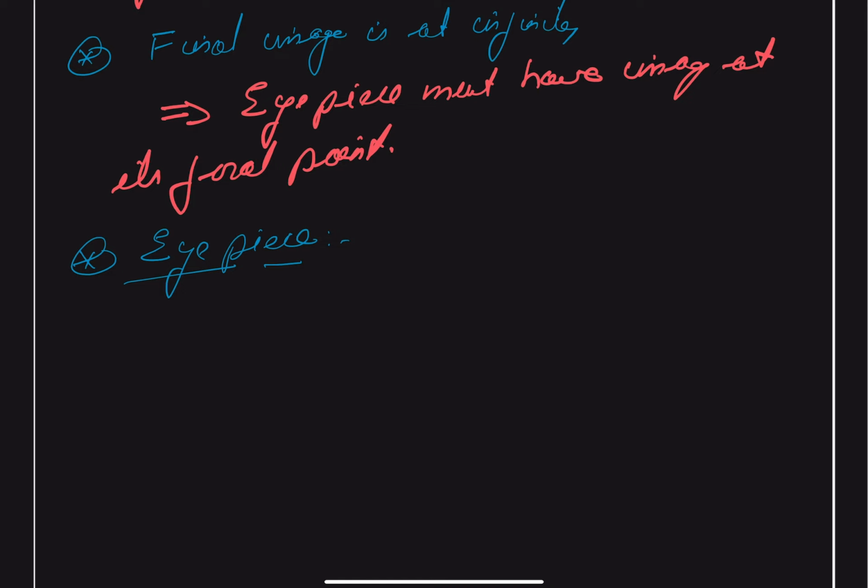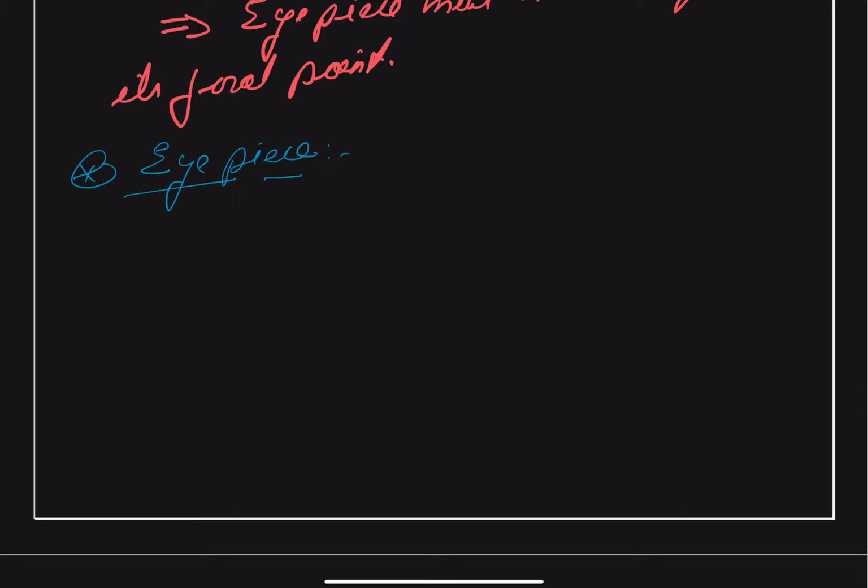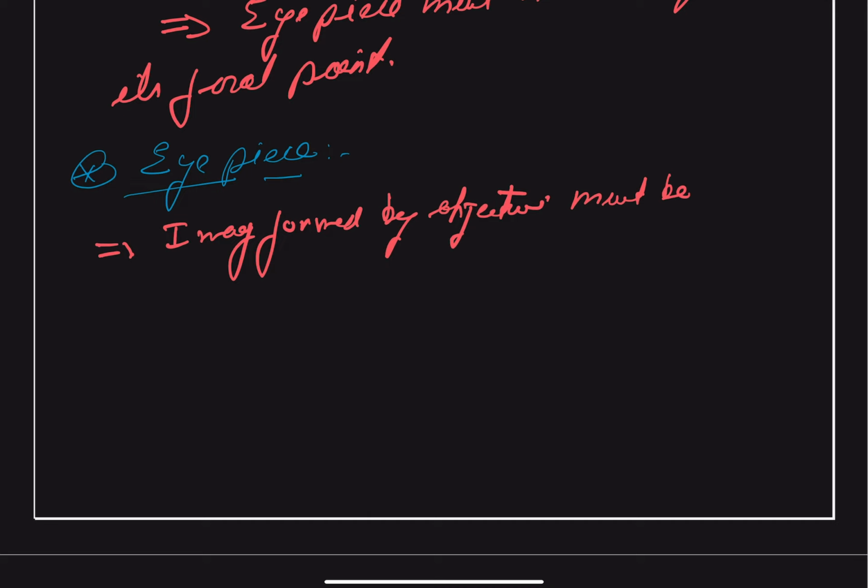For eyepiece, you can write that the image formed by objective must be at a distance of fe, and that is our 3 centimeter from the eyepiece.